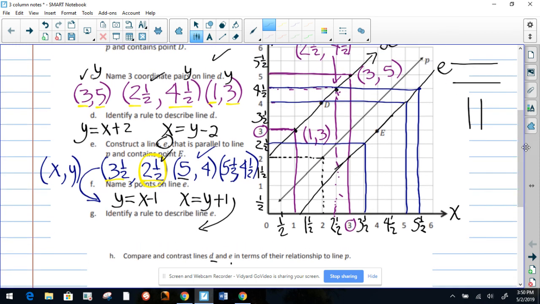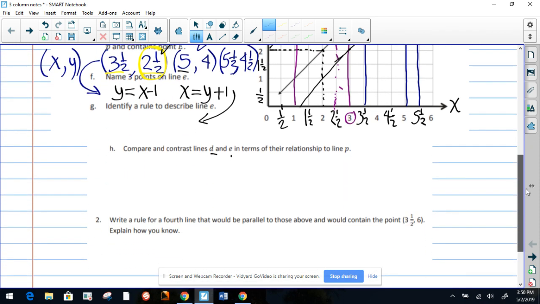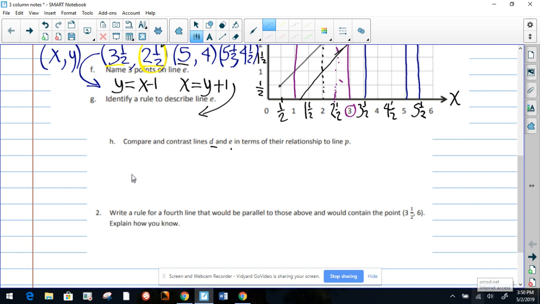P is in the middle, so that's the one in the middle. So we can say that lines D and E are parallel to P, period.